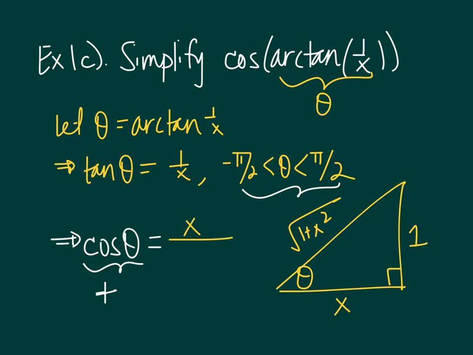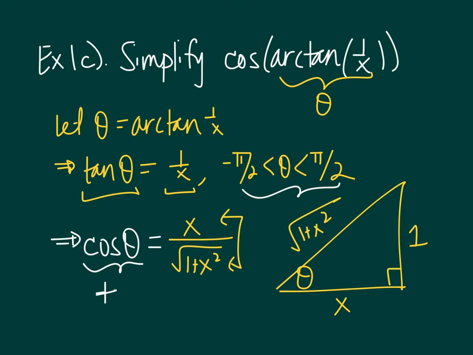which means that cosine is going to be adjacent over hypotenuse. Okay, so this will work out fine if my theta is between 0 and pi over 2, because we know in that case that tangent of theta would be positive, so that means x is going to have to be some positive value, and this whole thing will be positive.